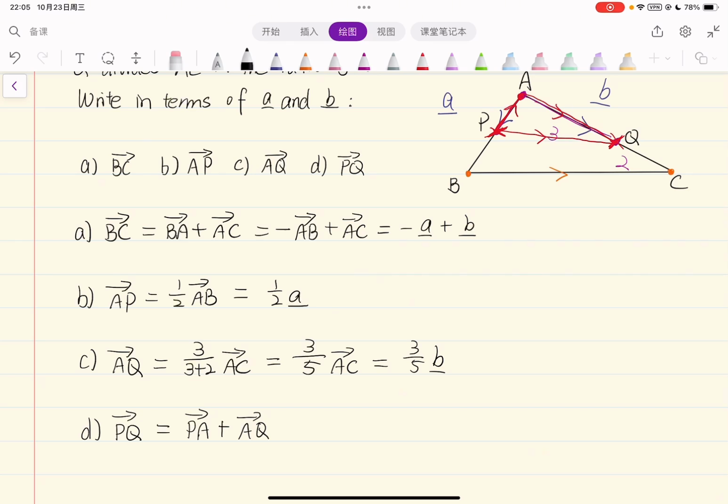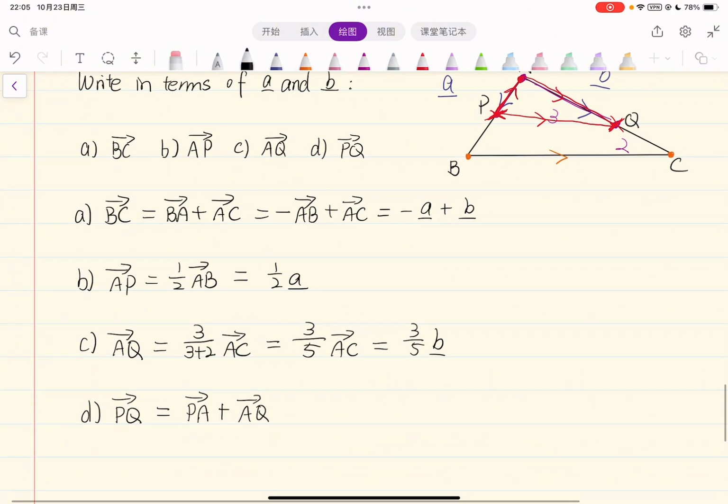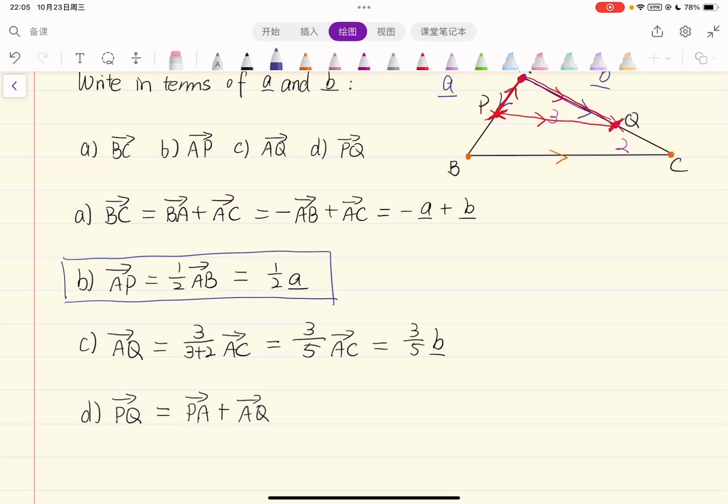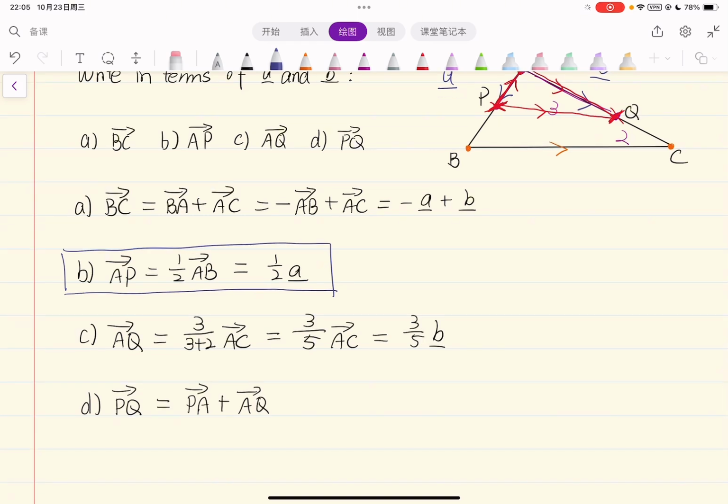Well, we don't know the vector PA, but we can use the vector AP from part B to write the vector PA, that is negative vector AP, plus the vector AQ.